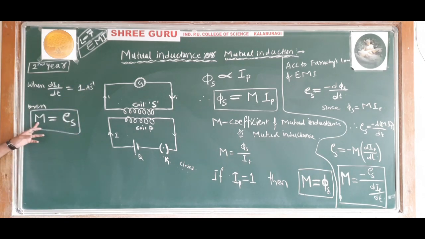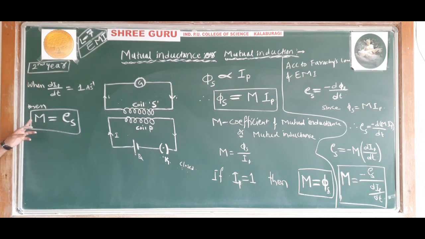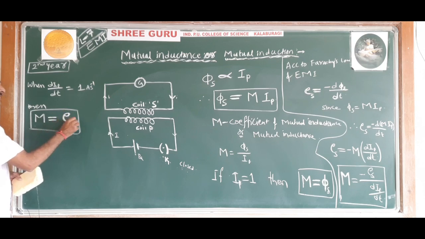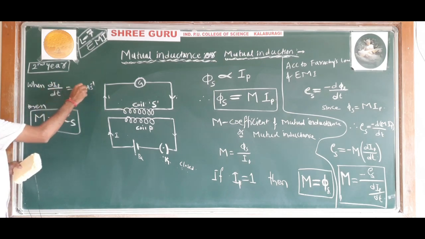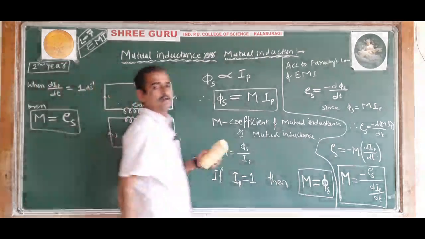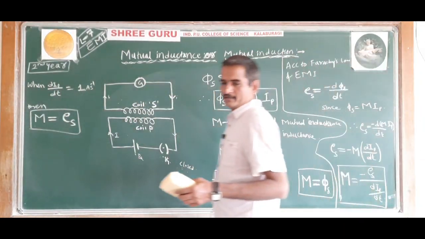So once again, the coefficient of mutual inductance between a pair of coils or circuits is numerically equal to the induced EMF in the secondary coil due to unit rate of change of current in the primary coil. This is how you can define the mutual inductance.